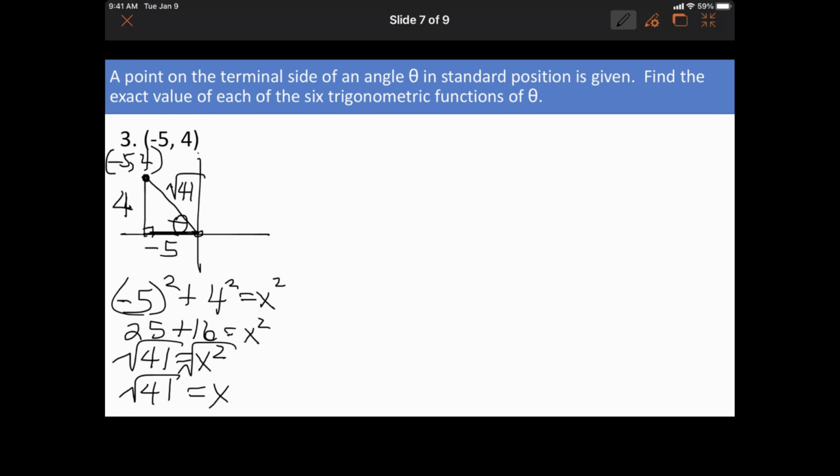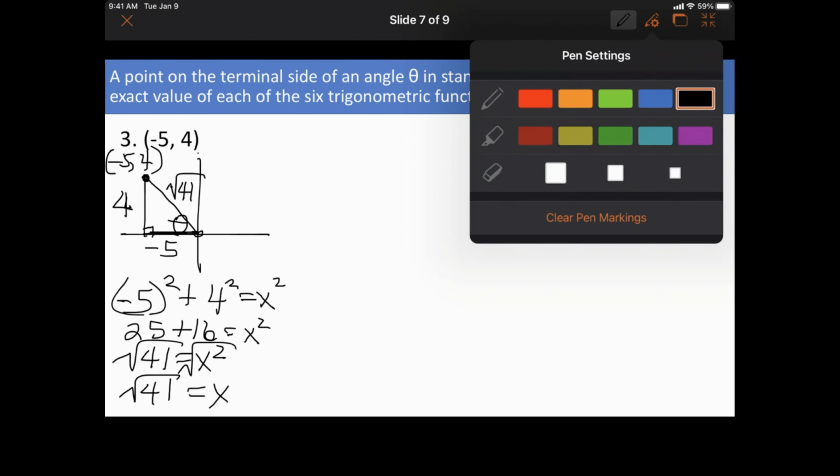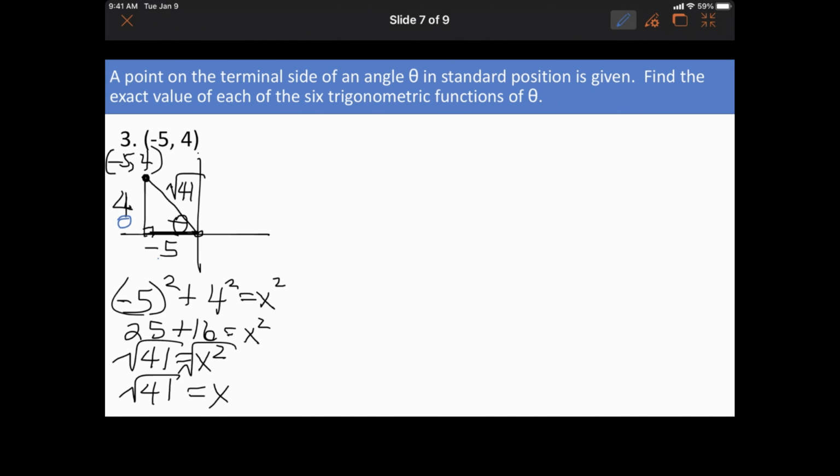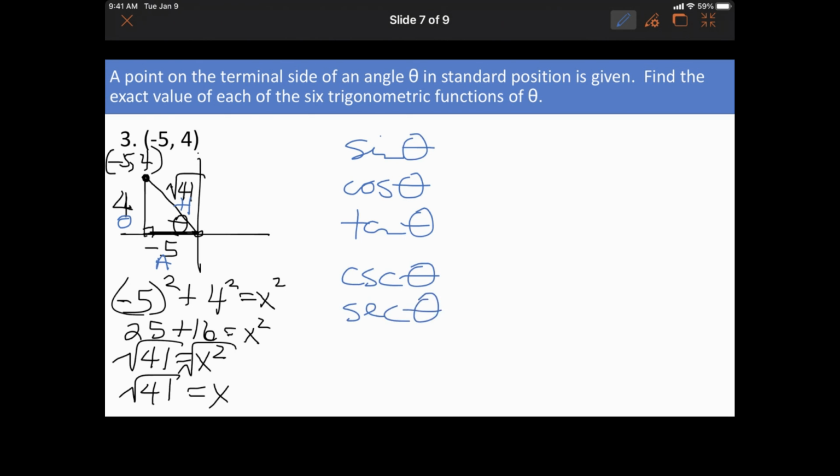All right, so now that I have my triangle set up, and I'm going to label the sides, I can find sine of theta, cosine of theta. You're like, Ms. Mendoza, that's a lot to write. But it's quick. And it helps you practice to get used to them.